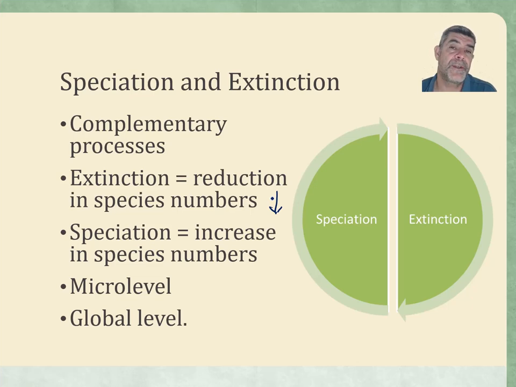Now, the complement to extinction is speciation, and in speciation, biodiversity increases. We actually increase the number of species. These two processes occur all the time, and we've talked about cycling and the fact that we can look back into the past and see lots of cycles that have operated. There have been occasions where there's been massive speciation.